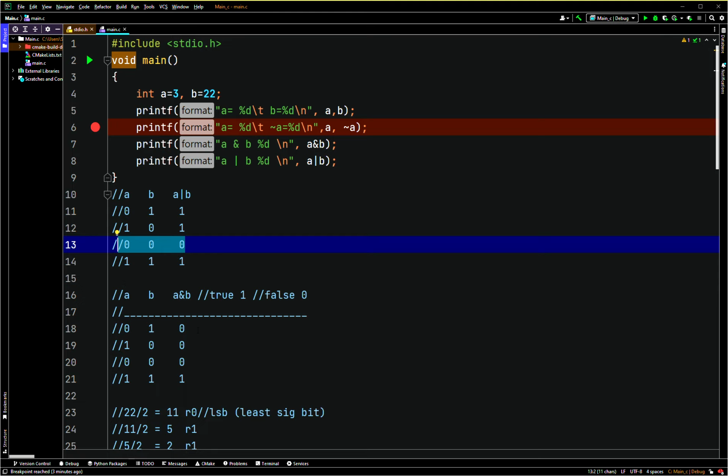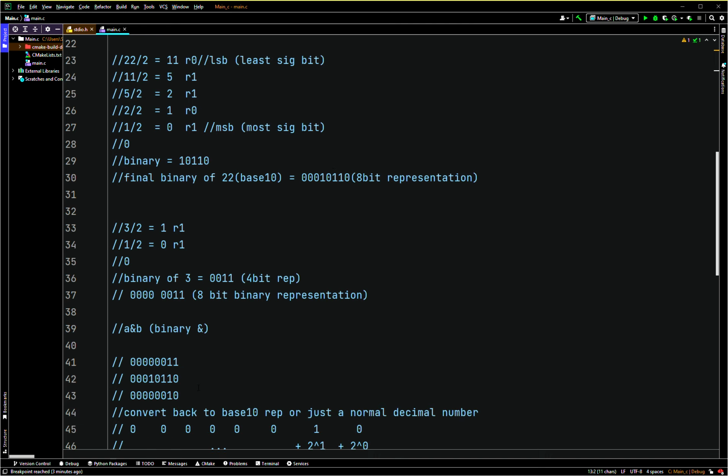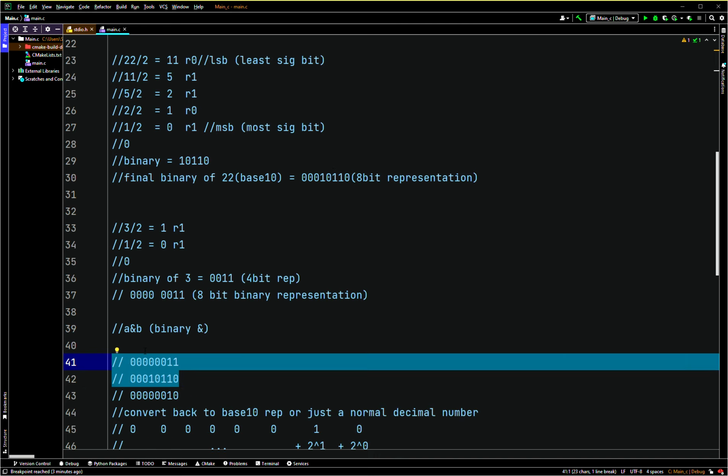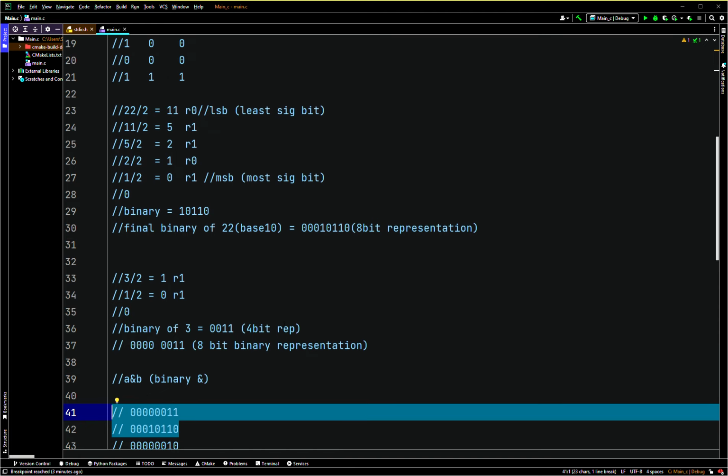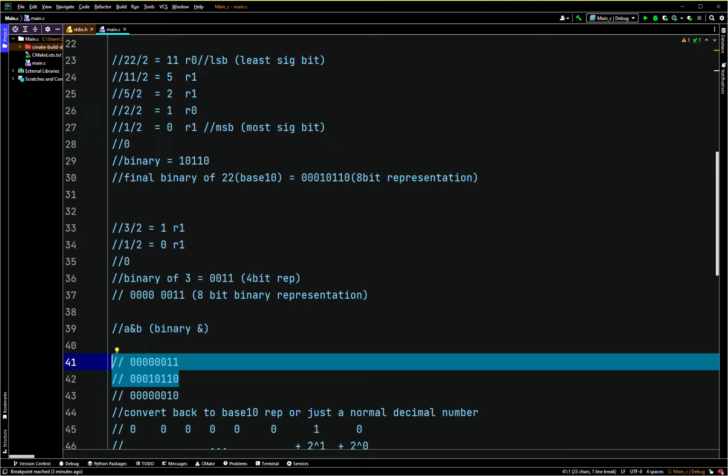So now all we have to do is take the binaries here. Just to check if that was correct, we have the smaller one on top, I believe, so 0, 0, 0, 0, 0, 1, 1, and then this one was 0, 0, 0, 1, 0, 1, 1, 0.